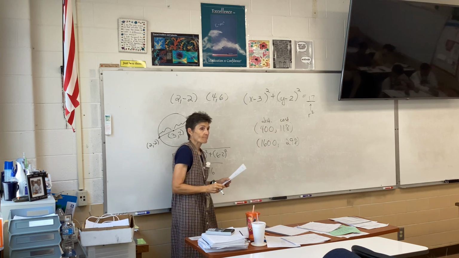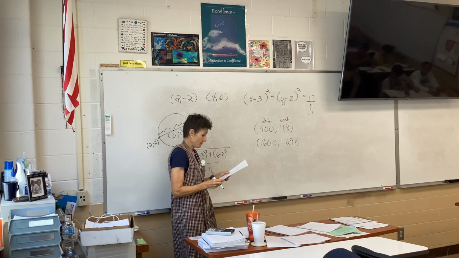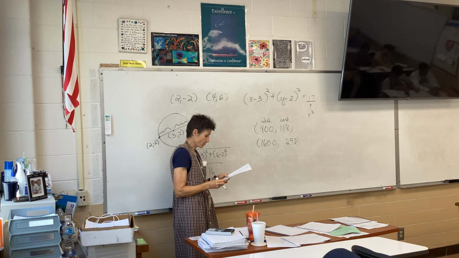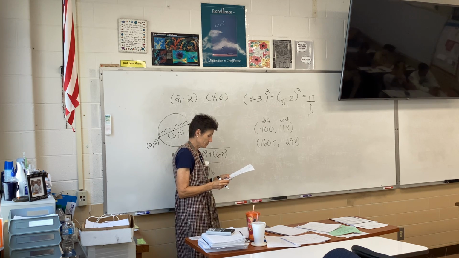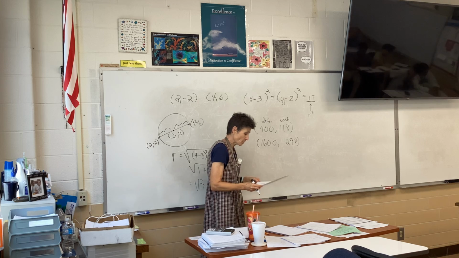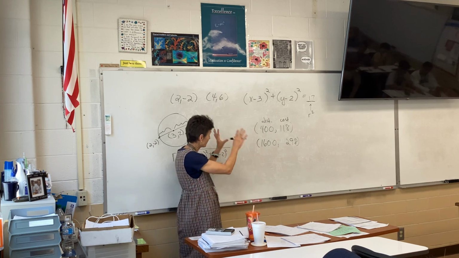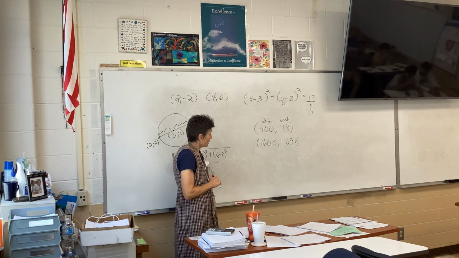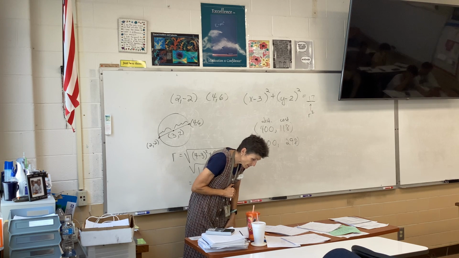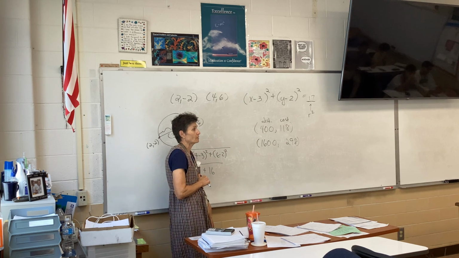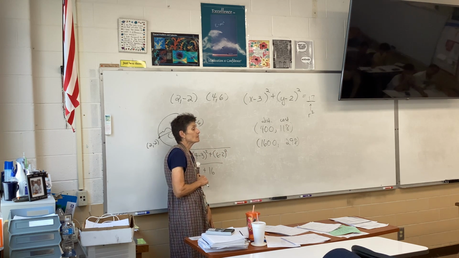In this problem, that's the best way to set it up, and that's kind of the way they're already arranged. It says find a linear function. What does that mean?